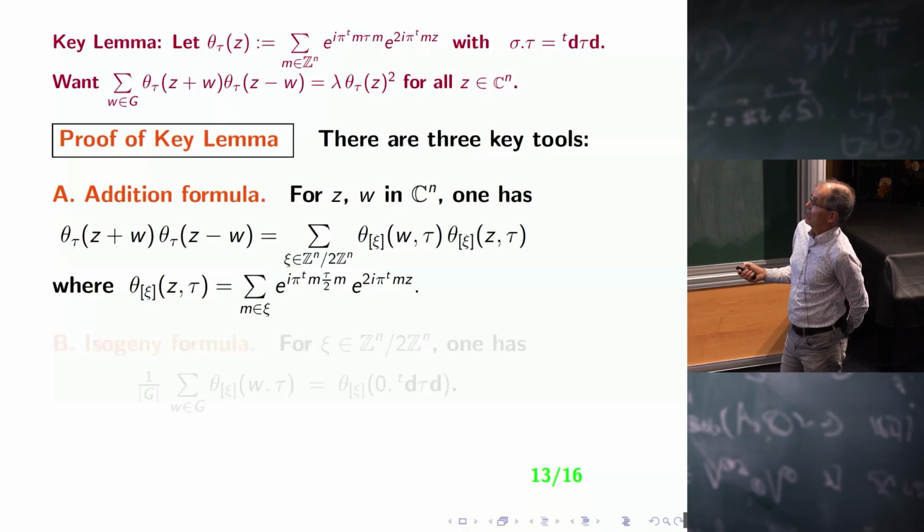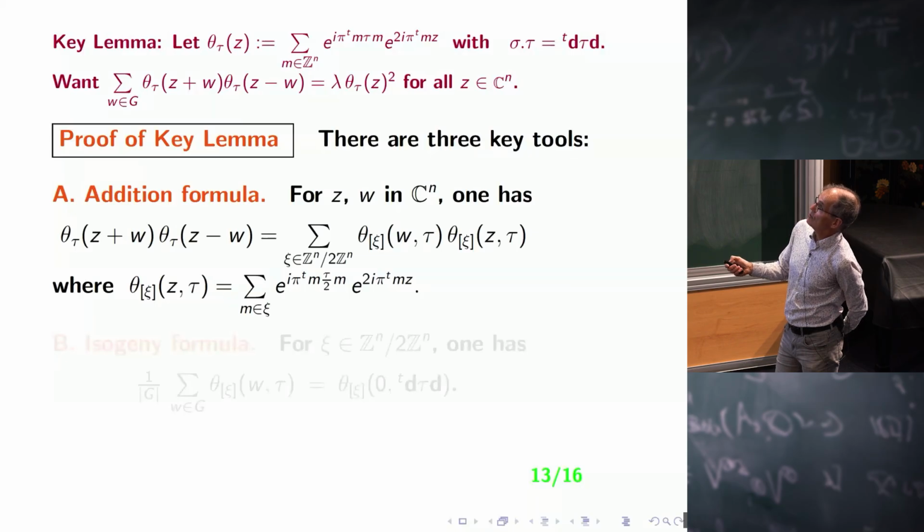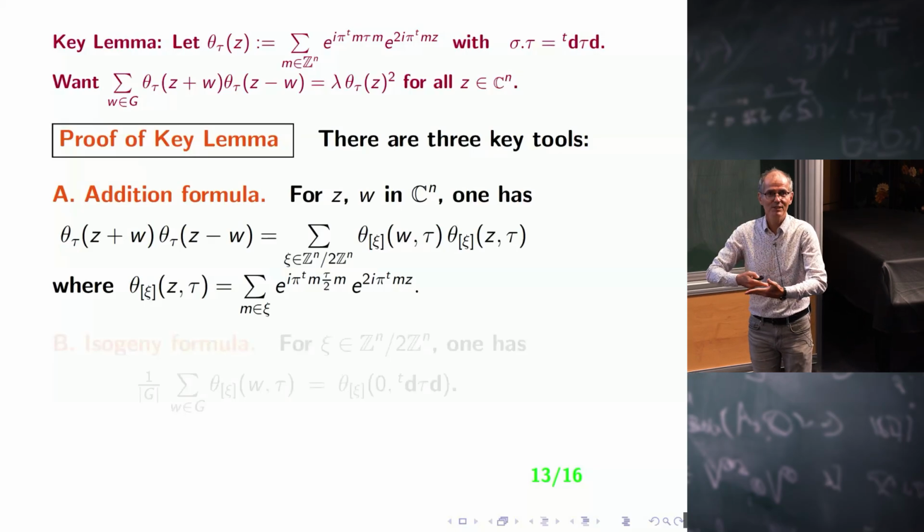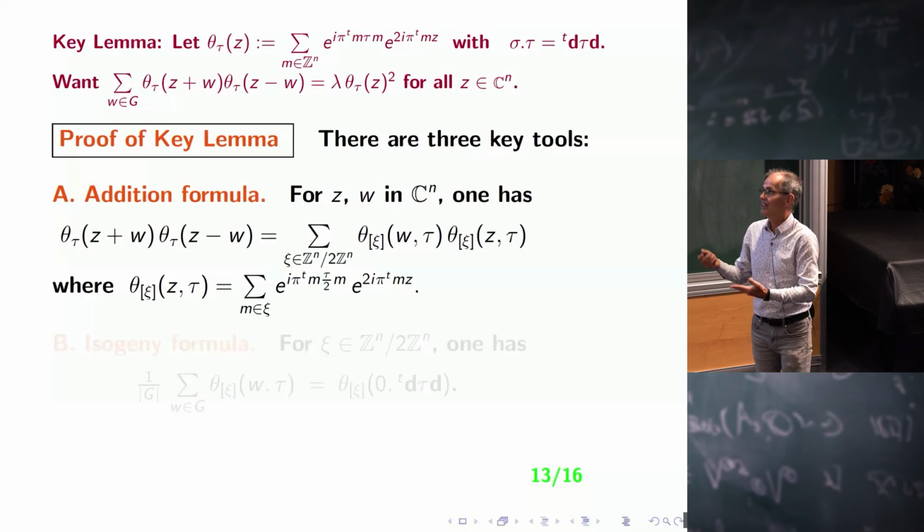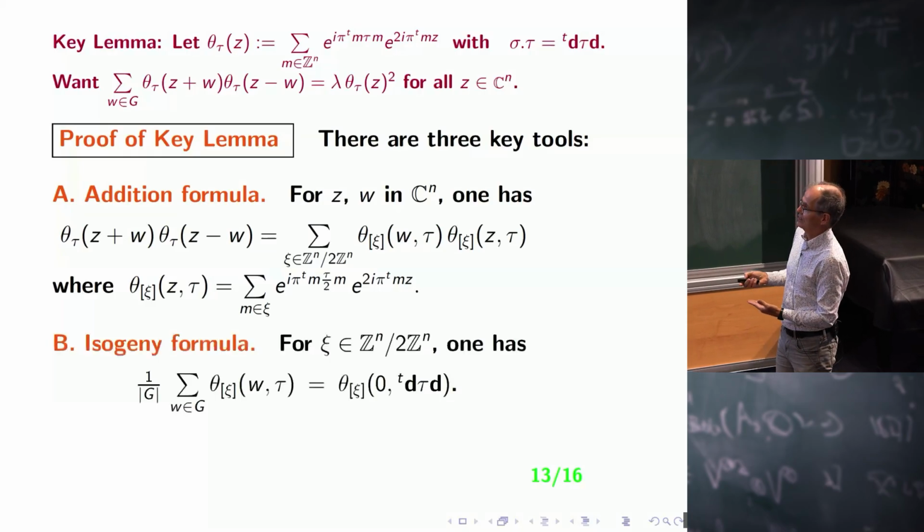And then I will plug this equality in here. So I will sum over w. There is another formula in my book to sum this over w, called the isogeny formula.